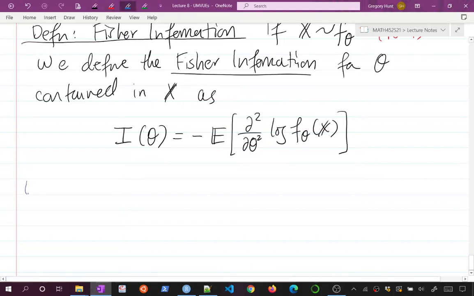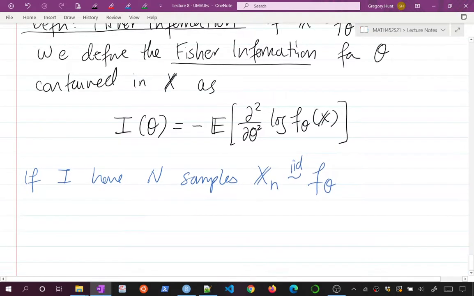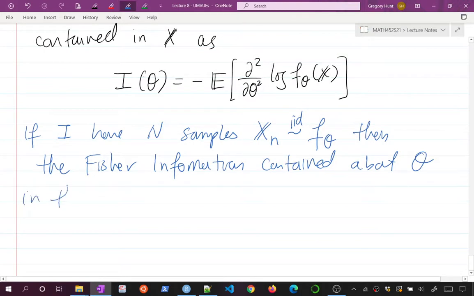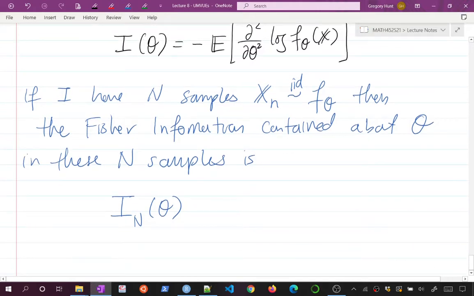Let's immediately generalize this. If I have some capital N samples, these x sub n's, from this distribution, then the Fisher information contained about theta in these n samples is, and we're going to call it I with a little subscript n, because we have n samples now, the n information of theta.